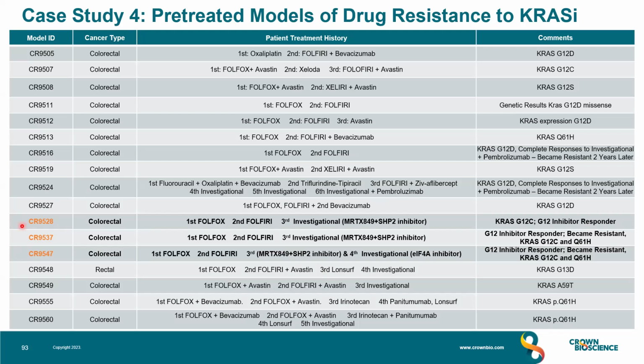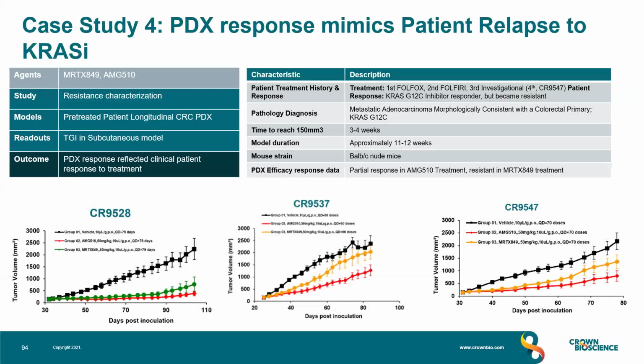The patient soon relapsed, biopsies from the liver were then taken, and this created the second model. And then eventually the patient went on to a fourth investigational drug. So these 3 models are longitudinal models for KRAS inhibitor sensitivity and resistance and are being characterized in vivo currently.